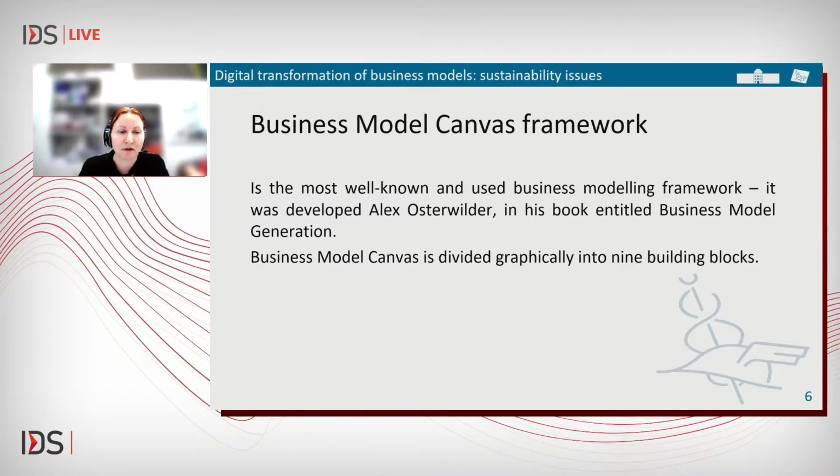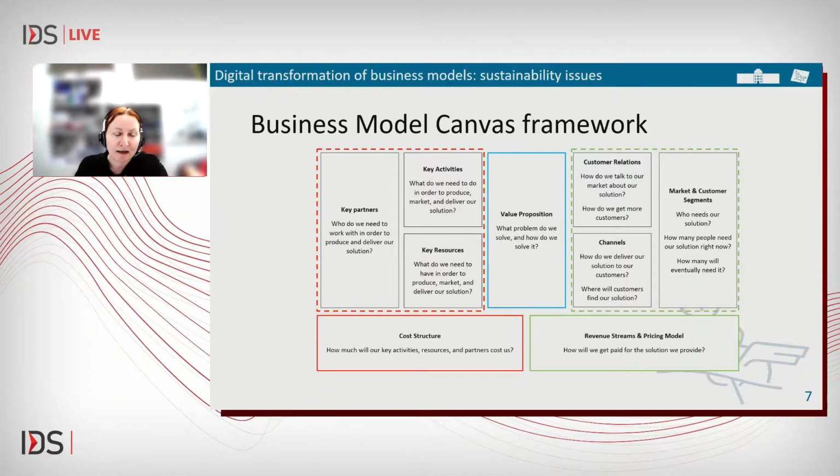This business model canvas is a graphical tool. It's divided into nine building blocks, and now I will explain these building blocks. Every company, every business model has a value proposition, and this is the blue part in the middle.